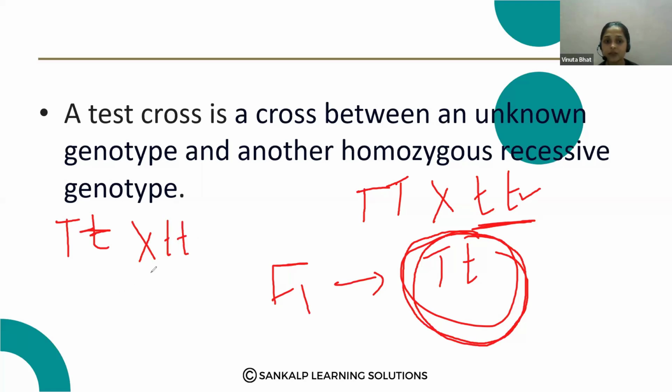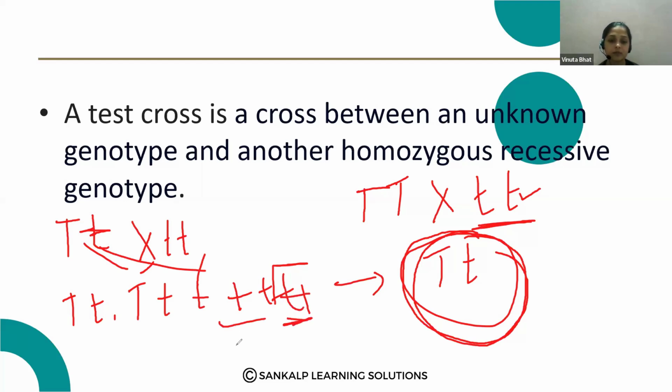When we cross this, we will get Tt, Tt, tt, tt. So here we got two dwarf plants because it is heterozygous.